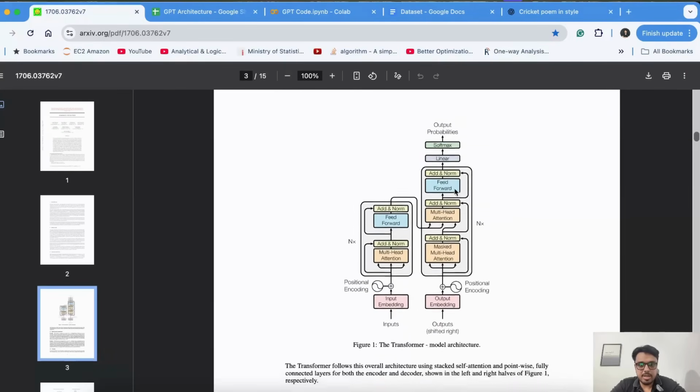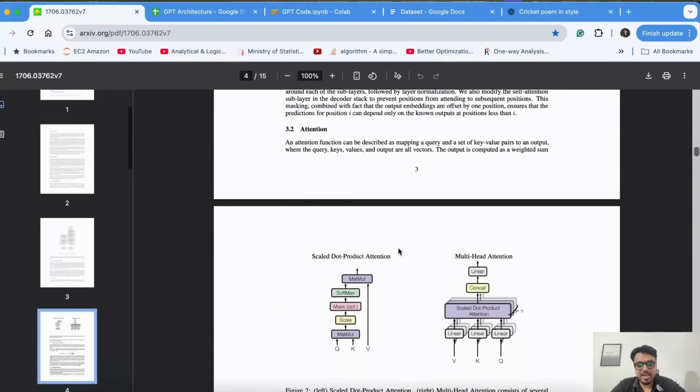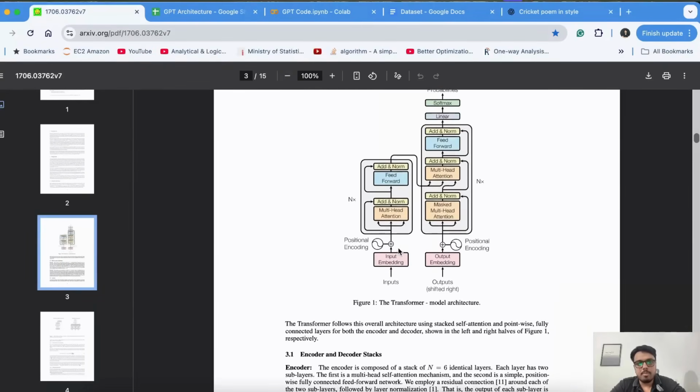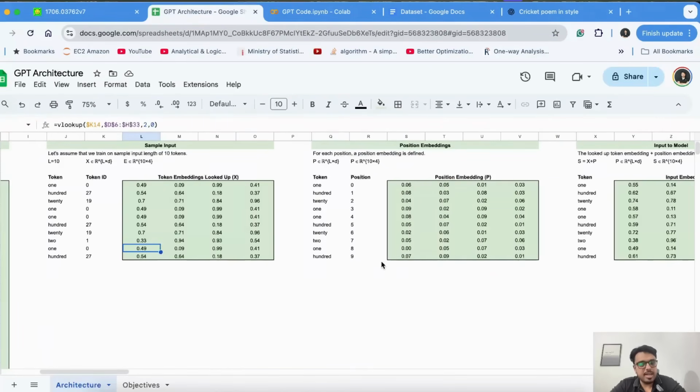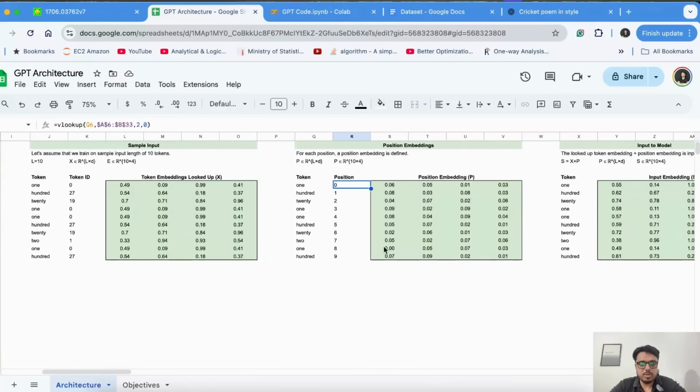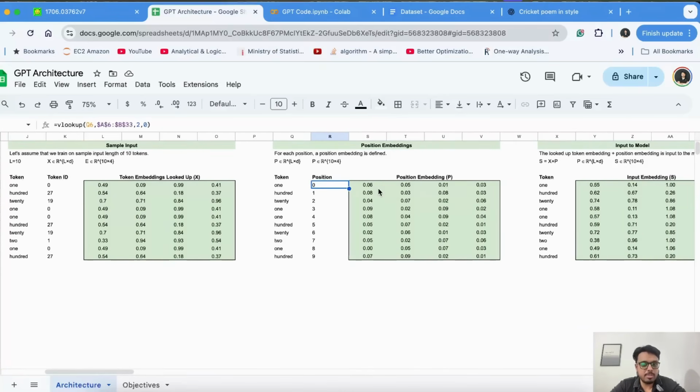The architecture proposed in this paper has a fixed positional encoding model, but generally present day LLMs and GPTs follow different positional encoding or positional embedding schemes, and some of them are fixed and some of them are learned during the training phase itself. For the sake of this video, we will assume that positional embeddings are also something that will be learned along with the model training phase itself.